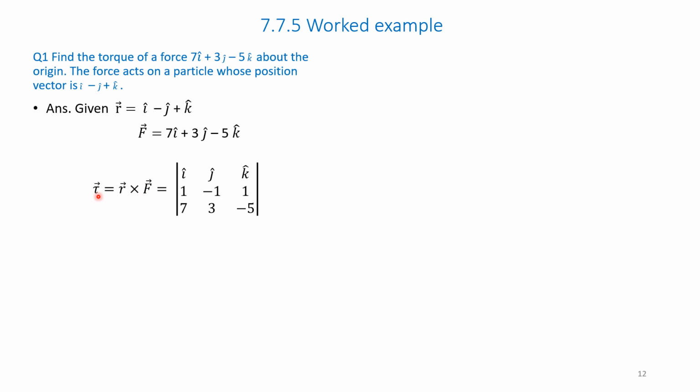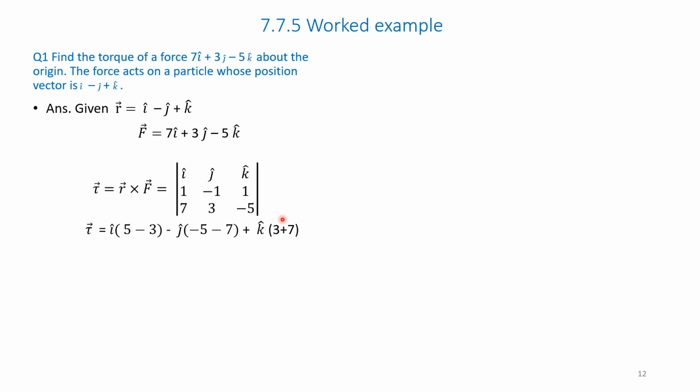We know torque is defined as tau. Torque tau is equal to cross product of vector r and F, that is r cross F. That can be written, putting the values in a determinant form, as i, j, k in the first row, 1, minus 1 and 1, that is the coefficients of vector r, in the second row, and the coefficients of vector F, 7, 3 and minus 5 respectively, in the third row.